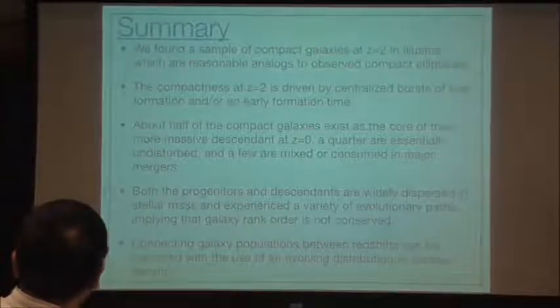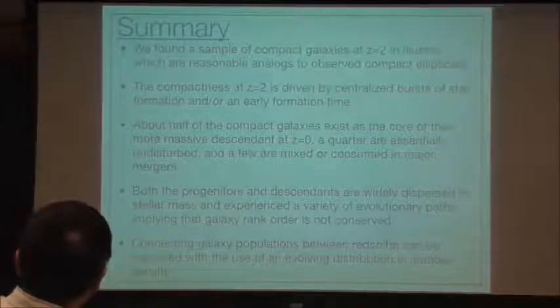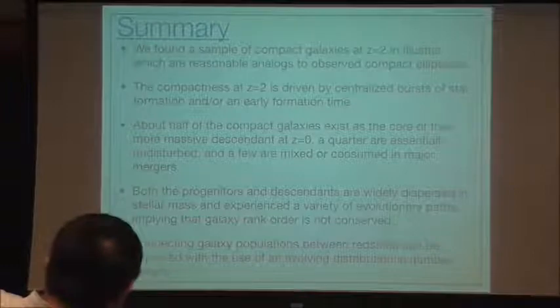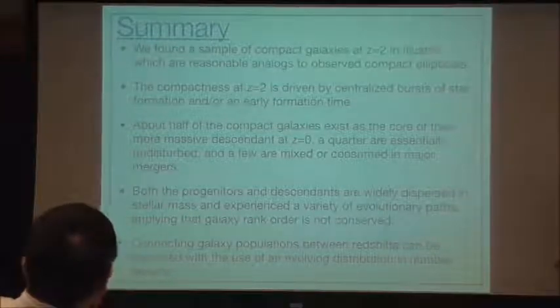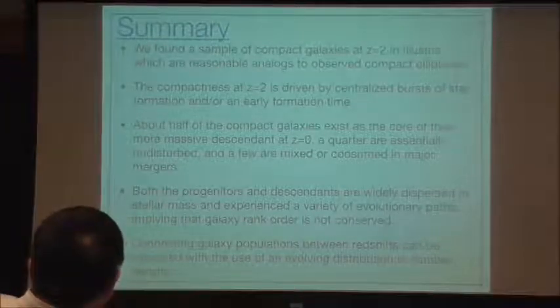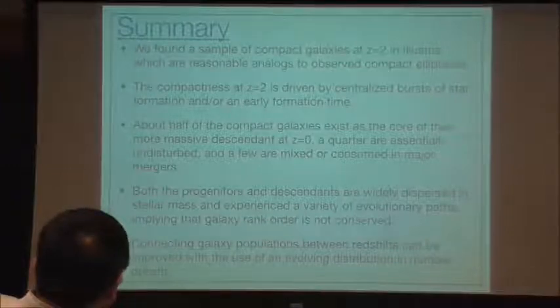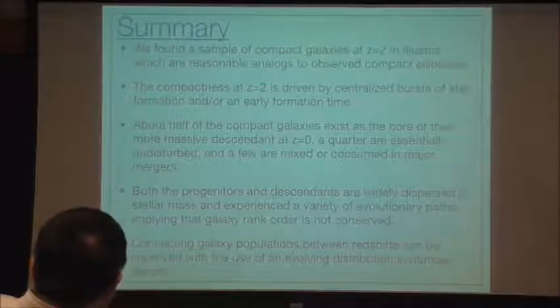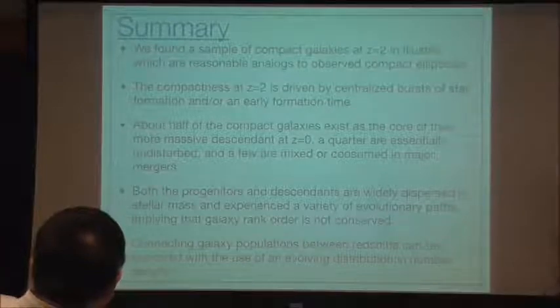All right, so just to summarize, I started off talking about these compact elliptical galaxies in Illustris, picking them out at redshift 2 and following them backwards and forwards in time. The compactness that I find at redshift 2 is driven either by a centralized intense burst of star formation or by an early formation time. When I trace them forward to redshift 0, I find that about half of the compact galaxies exist as the core of a more massive descendant.